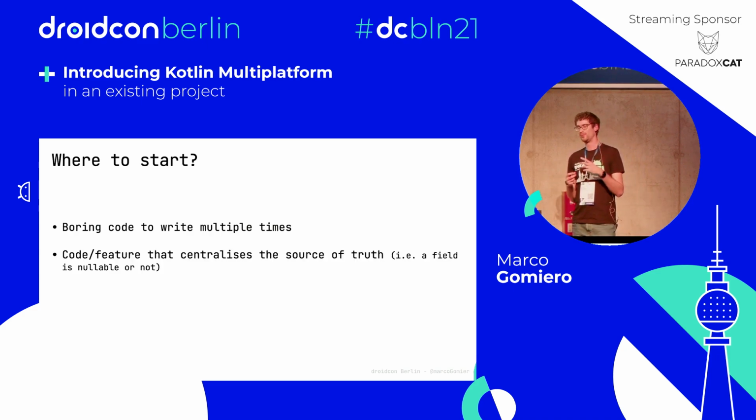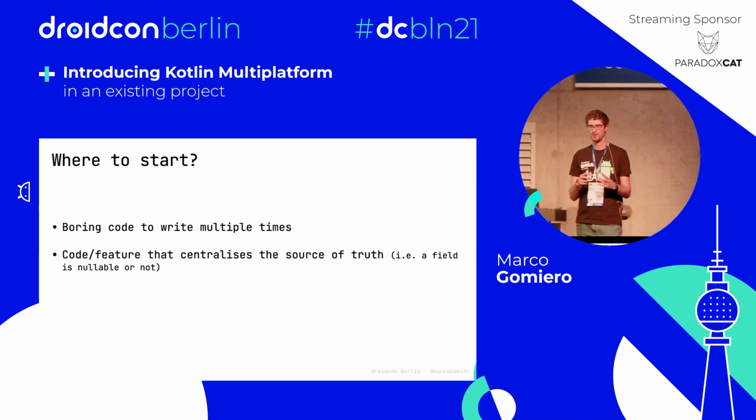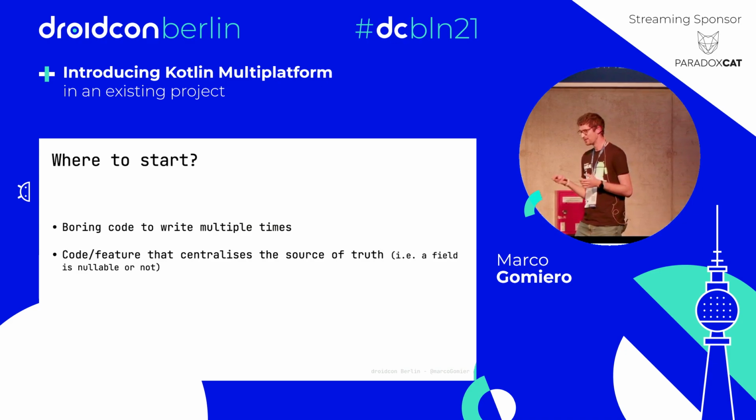Or we can start, for example, from some feature or some part of the code that centralizes the source of truth. Because, again, if we have one source of truth, we have only one point of failure. So there is one place that we can mess up.